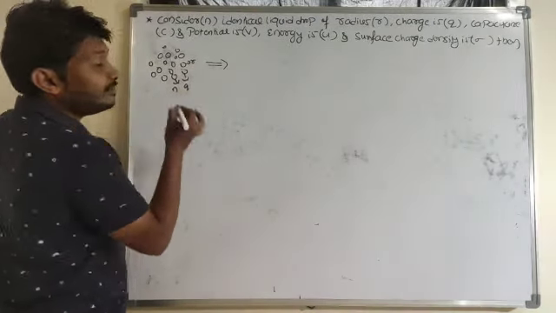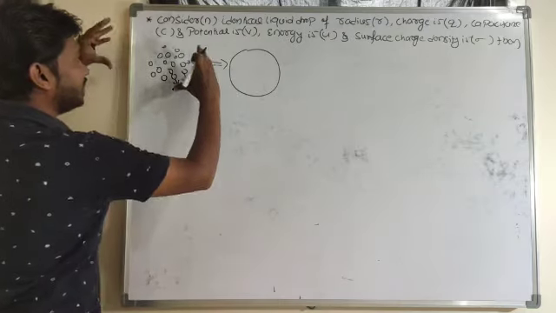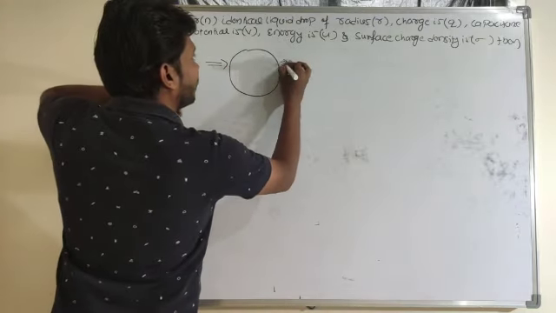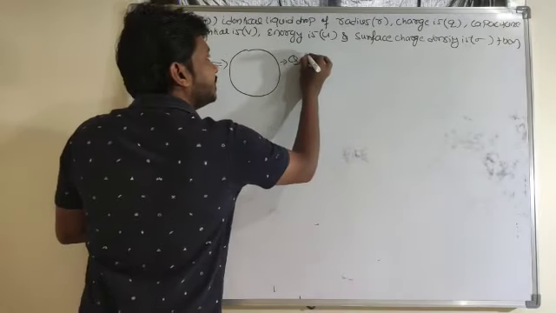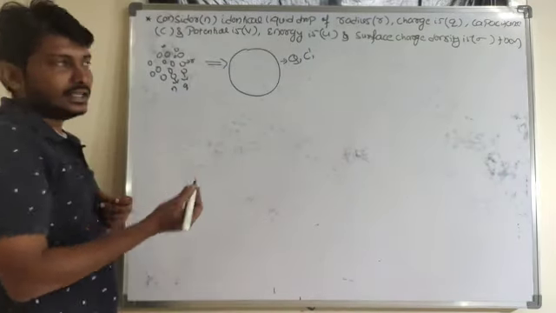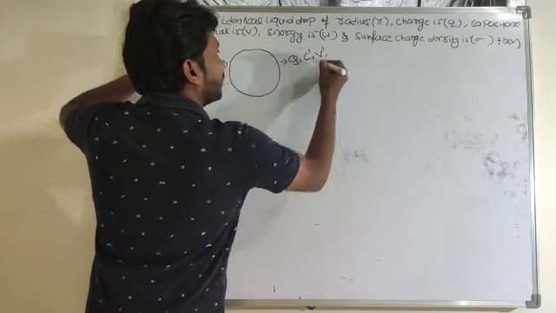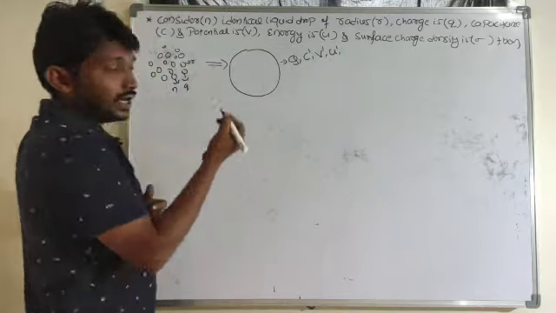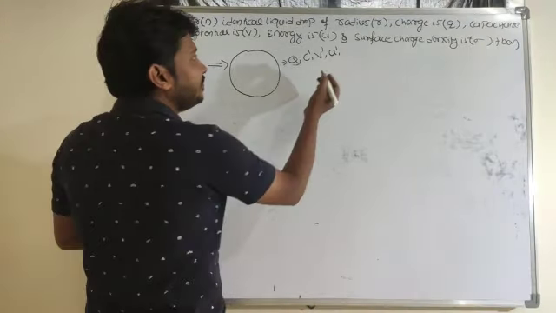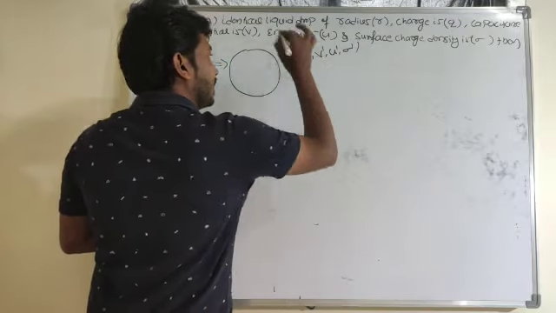If I join these drops, it forms a bigger drop. This bigger drop has charge Q, capacitance C dash, potential V dash, potential energy U dash, and surface charge density sigma dash.